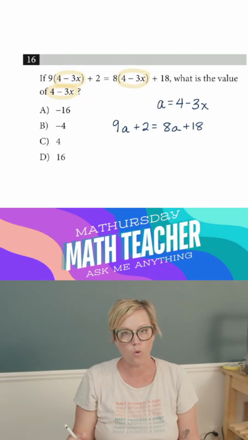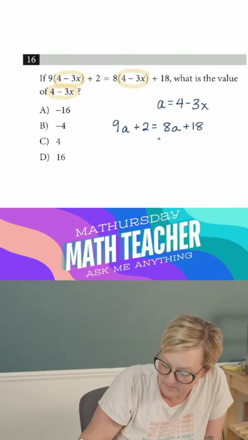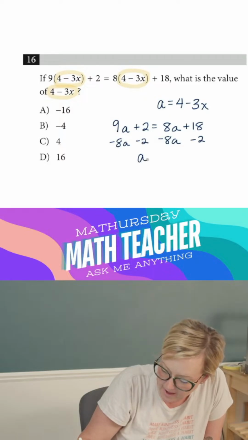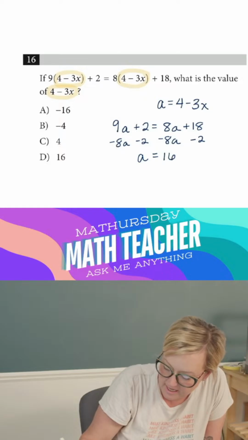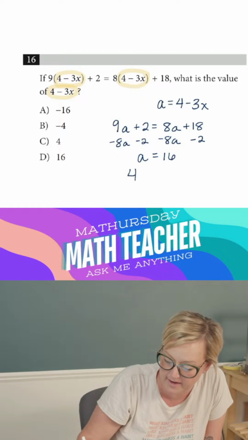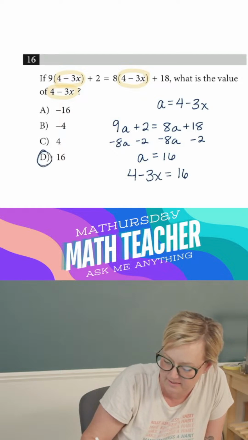Okay, it's the same equation. So now I'm gonna subtract 8A, subtract 2. So I get that A equals 16. And since A is also 4 minus 3X, that means that 4 minus 3X equals 16. So my answer is D.